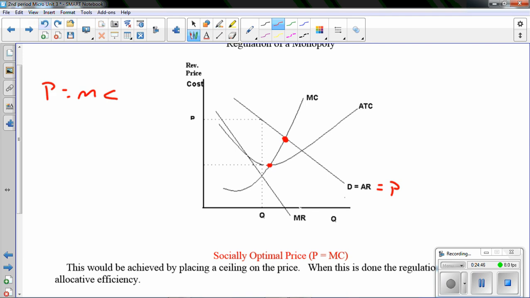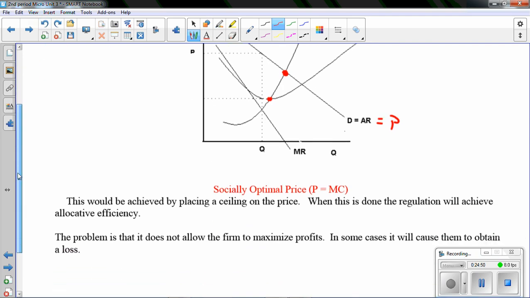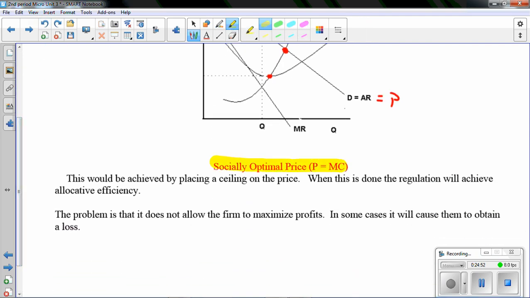There's two possible ways that we can regulate them. The first way is what we call the socially optimal. Socially optimal is price equals marginal cost. That's the same thing as what? Price equals marginal cost is allocative efficient.